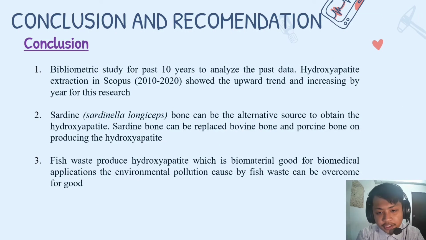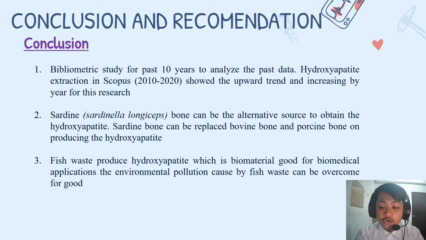In conclusion, the bibliometric study for the past 10 years to analyze the past data on hydroxyapatite extraction in the Scopus database between 2010 until 2020 shows an upward trend, increasing by years for this research. Second, sardine bone can be the alternative source to obtain the hydroxyapatite.